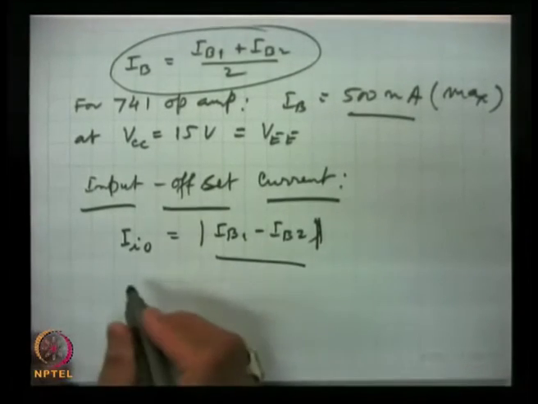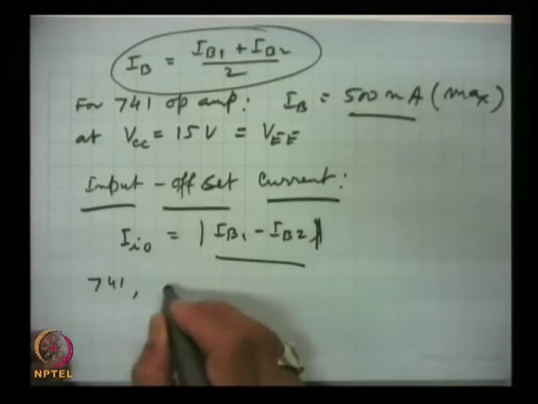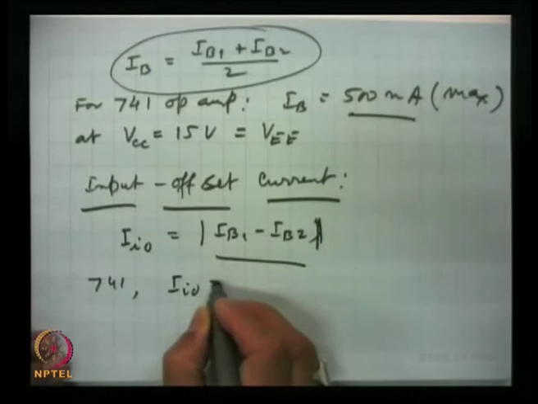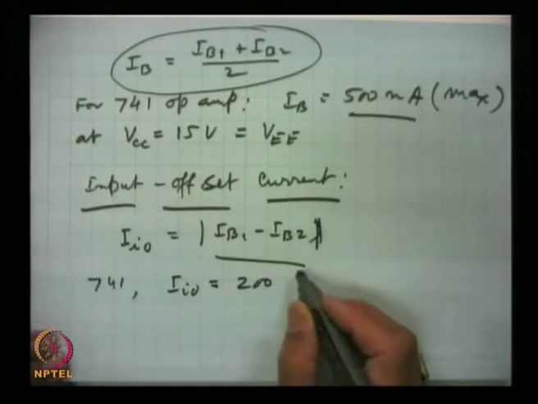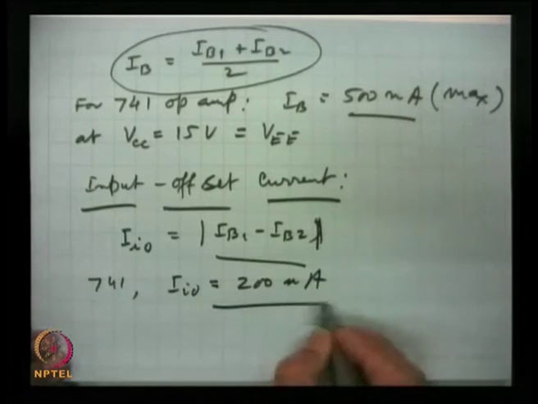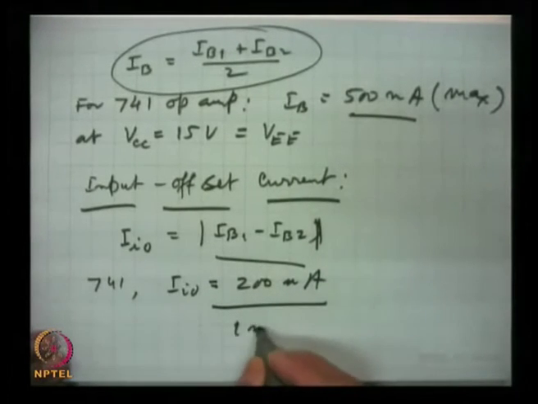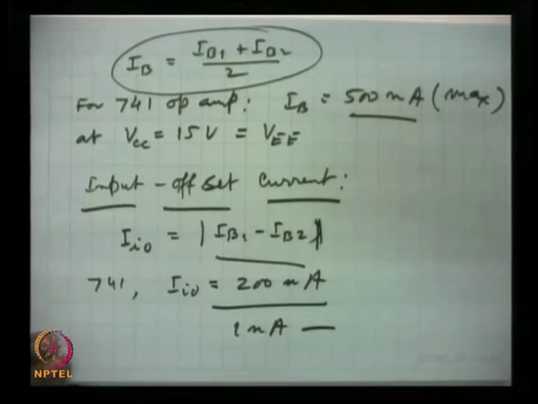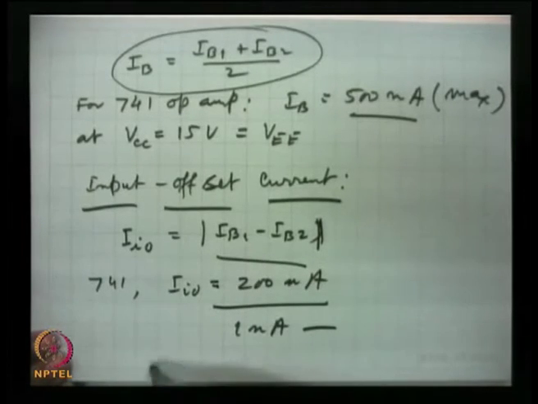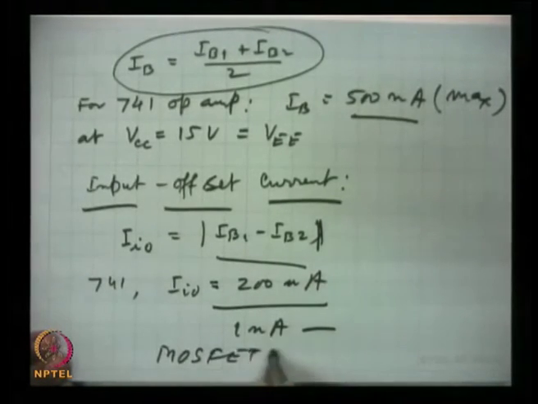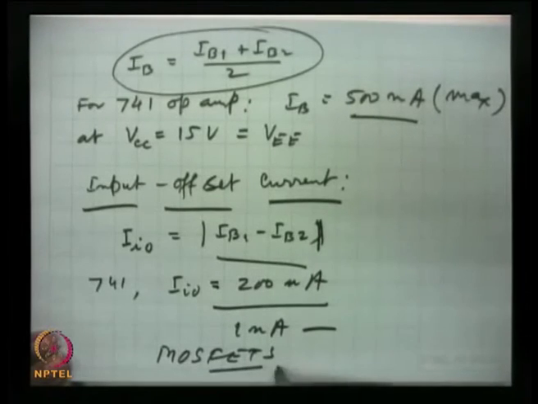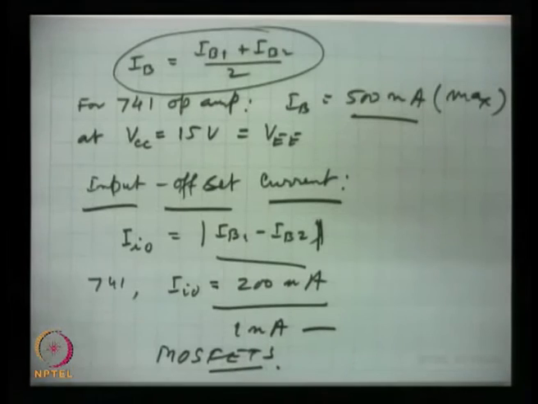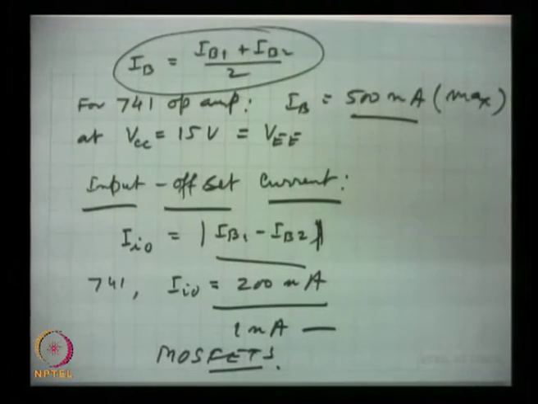For the 741 this input offset current is 200 nanoamperes, and it is as small as 1 nanoampere in differential amplifiers which are realized using MOSFETs. So, often this is much smaller than other currents and is neglected, but the smaller the input offset current, the better it is.